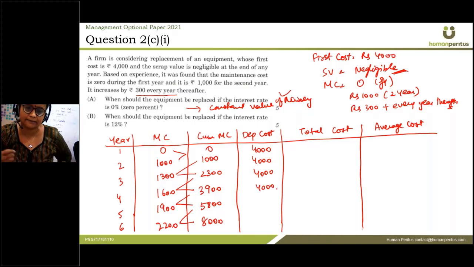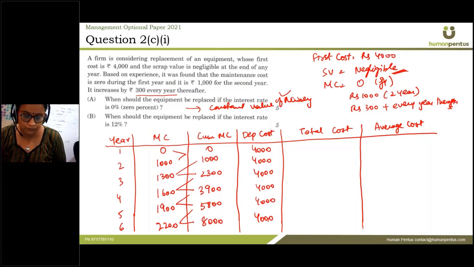Had it been there, like 300, 200 or 1000, we would have subtracted that amount from the first cost, and then we would compute the depreciation cost. Since it is 0, the whole of the first value would become my depreciation, right?